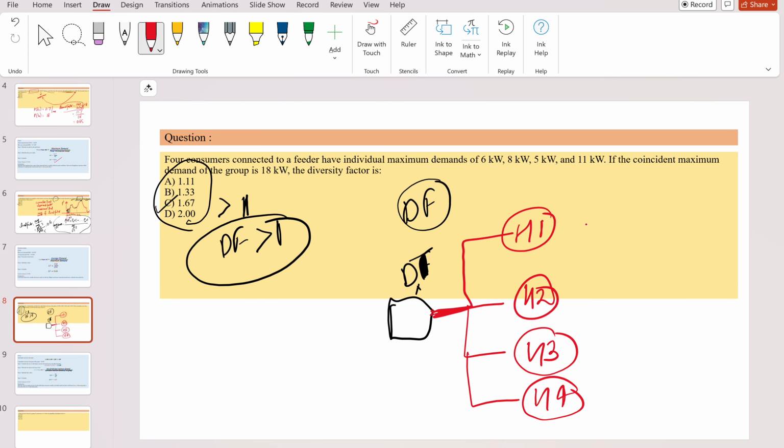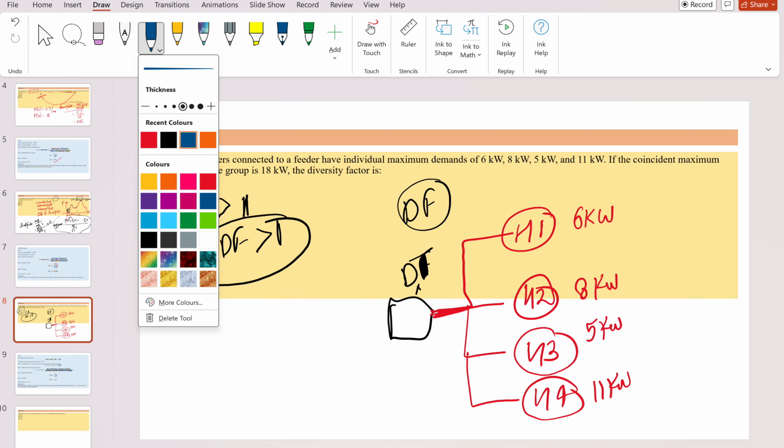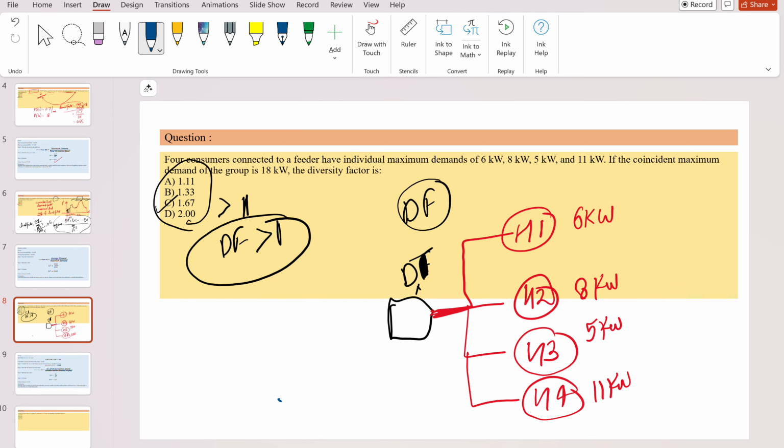The loads are 6 kilowatt, 8 kilowatt, 5 kilowatt, and the other house is 11 kilowatt. So this distribution transformer is supplying the power which is the summation of all these, and these are the maximum demands of the individual houses.